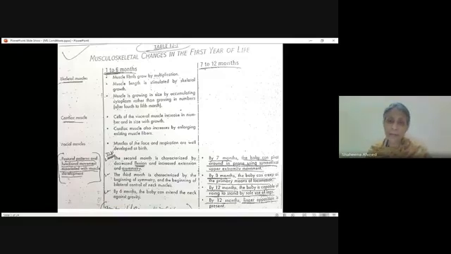By 12 months, the baby assumes a linear apposition. That means he can stand in a straight line. He is able to support his body in a linear fashion.